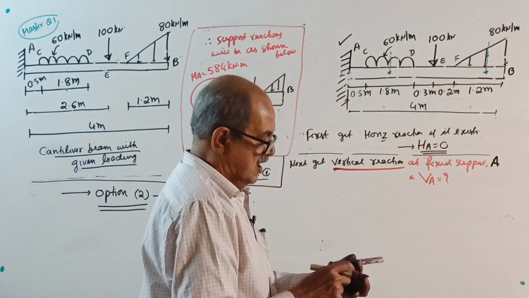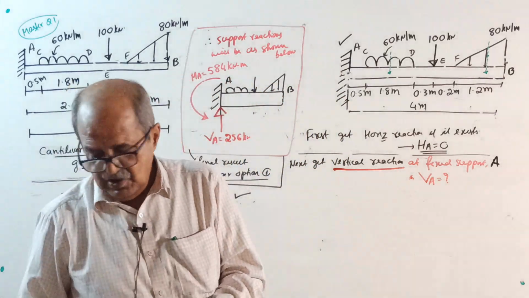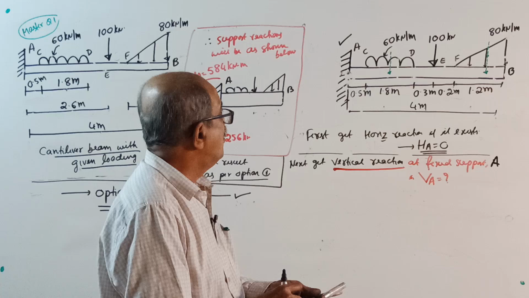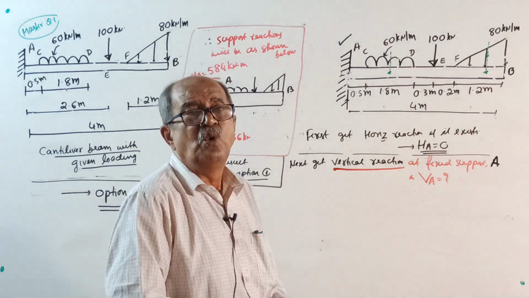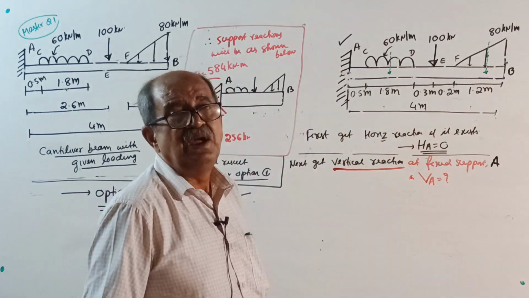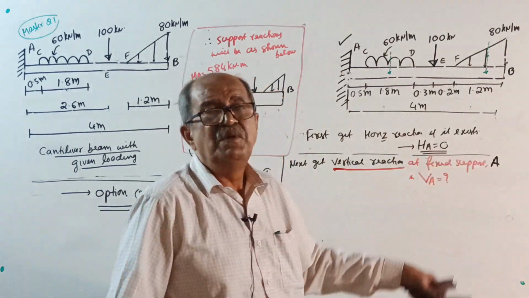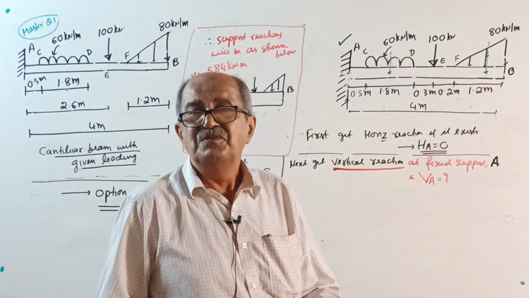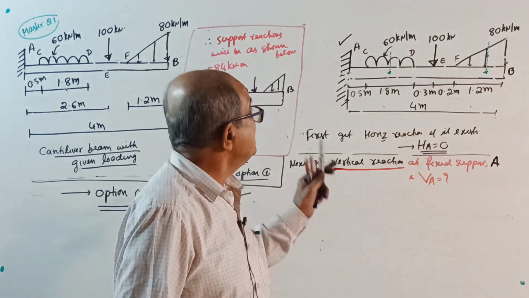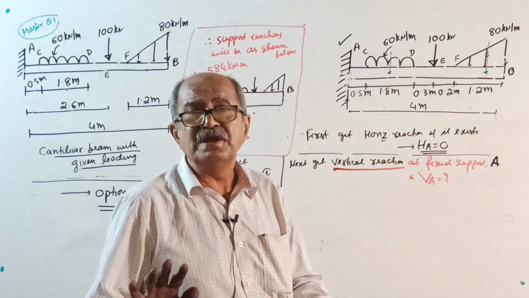I explained last time; slowly I will tell once again. Today it will take some time. Later it will be very, very fast, because by principle, to understand that one, you require more explanation.